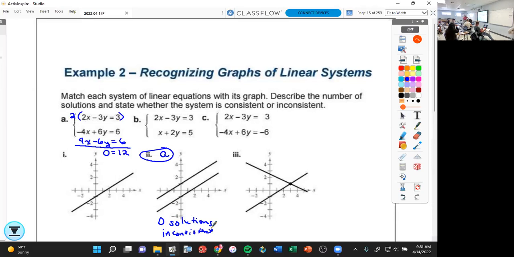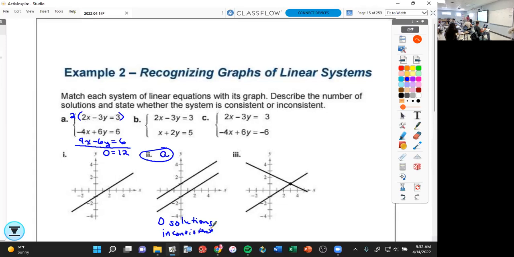Anything fancy about B? Are they the same? Can you multiply one by something and get the other? Okay, so what's that telling you? One solution, right? I can't make one look like the other.